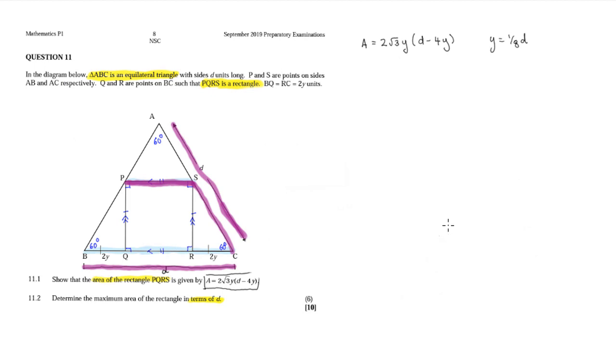So substituting our constraint equation into the optimization equation, we can then write this as A of D, because now we have the area of this rectangle in terms of the variable D. This is going to equal 2 times the square root of 3, and in the place of Y, we're going to substitute 1/8 D. This is all going into D minus 4 times Y, which is 1/8 D.